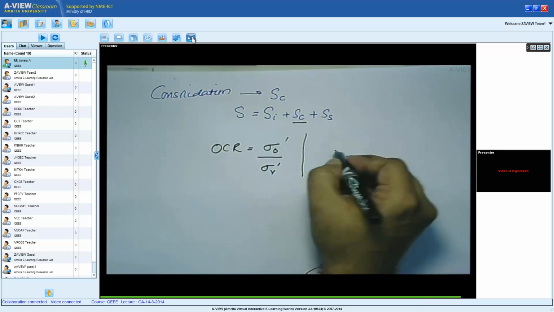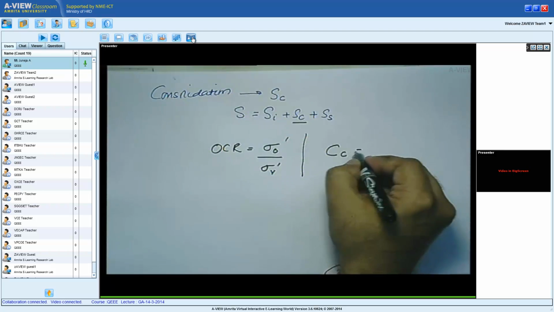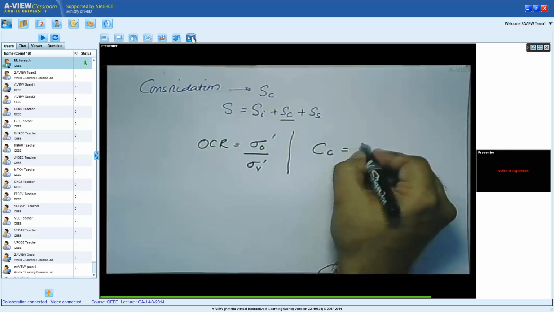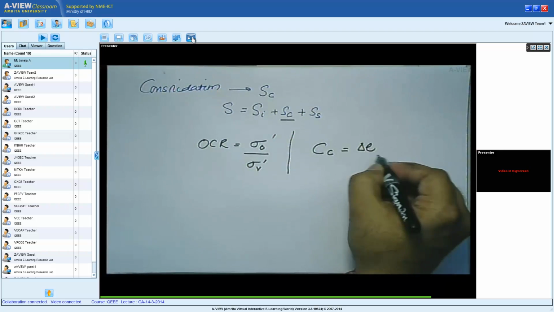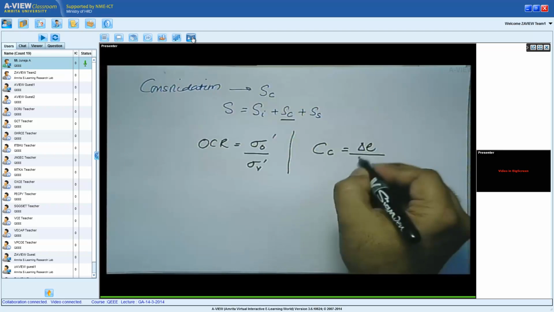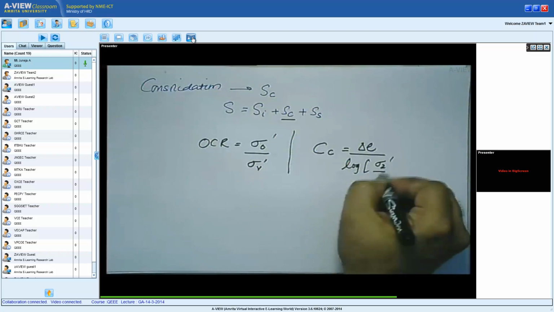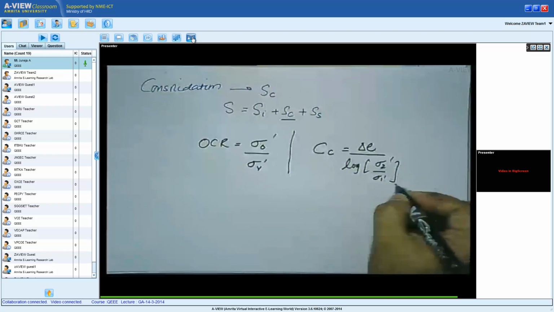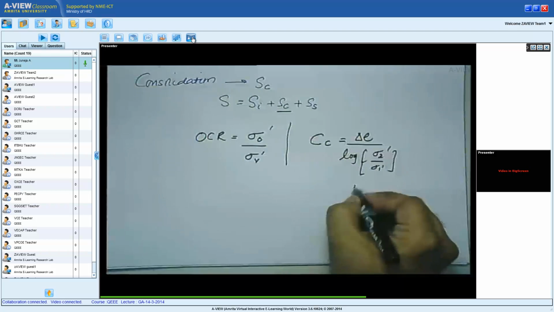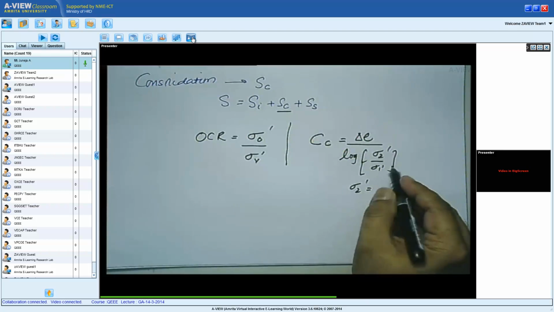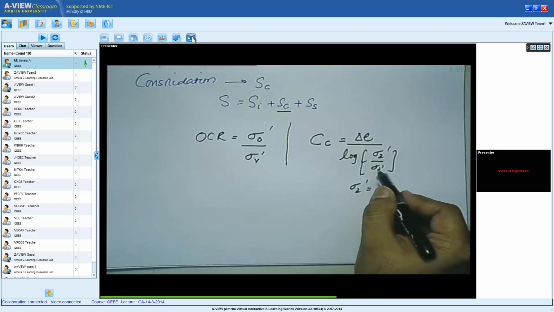The next definition was the compression index CC, which was again a dimensionless parameter: the change in void ratio over the log of sigma 2 prime by sigma 1 prime. We said sigma 2 prime is an additional component other than sigma 1 prime.